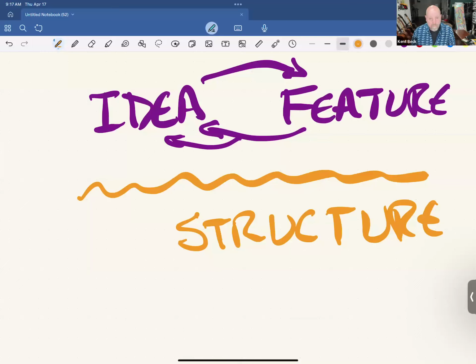So sometimes the right flow of activities isn't going straight from an idea to a feature, it's going from an idea to a change in the structure. Let me rearrange things so it's easy now to implement the feature. And this is the tidy first flow of the book that Margaret Ann held up.